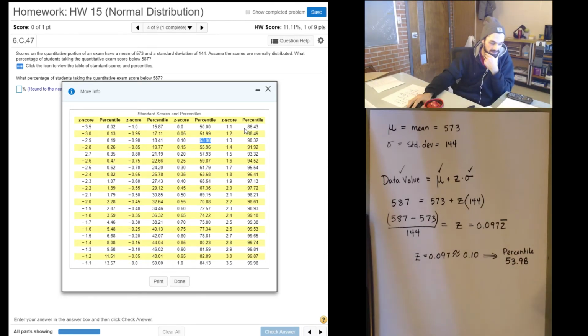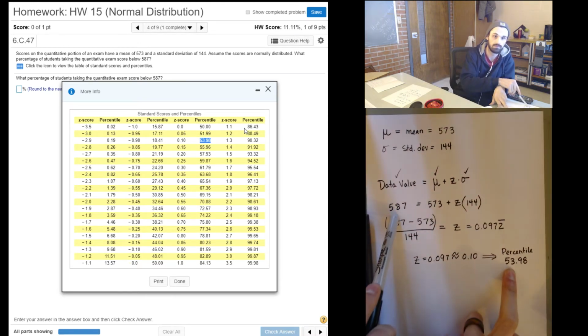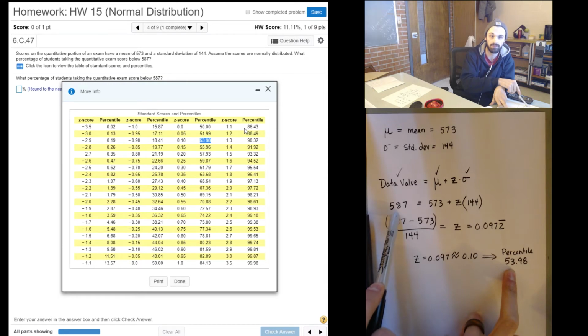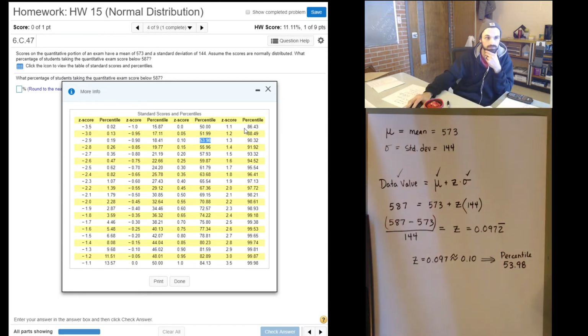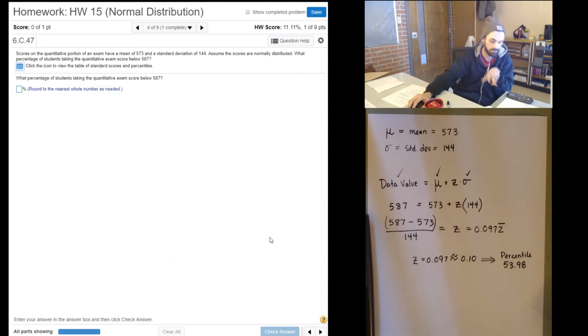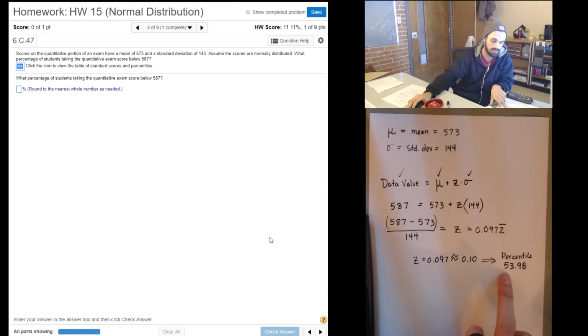So this says if you received a 587 on the test, that would land you in almost the 54th percentile, which means you did better than 54% of the people that took the test. So this is saying 53.98% of your curve sits to the left.